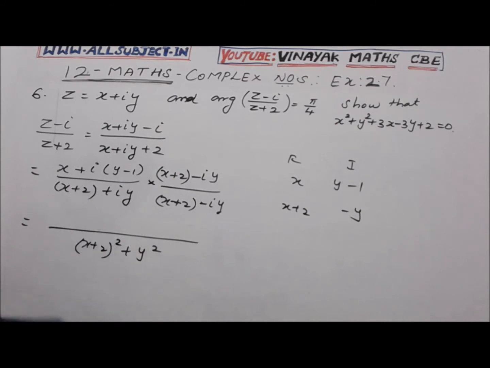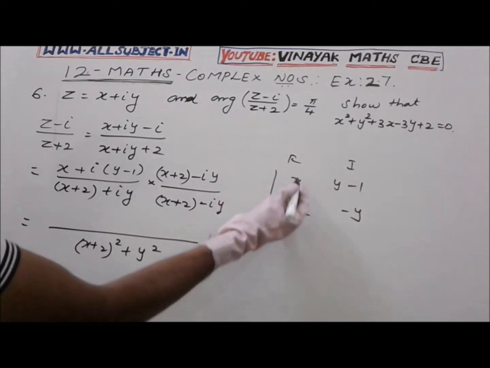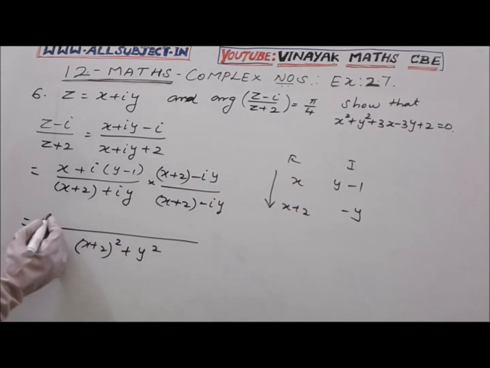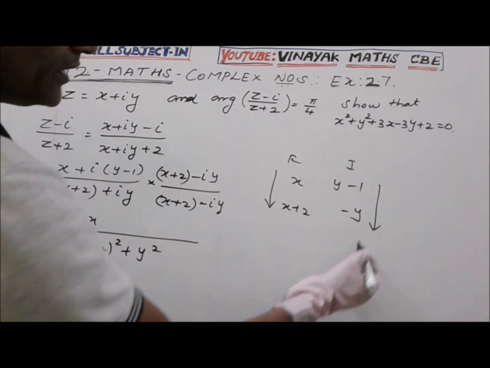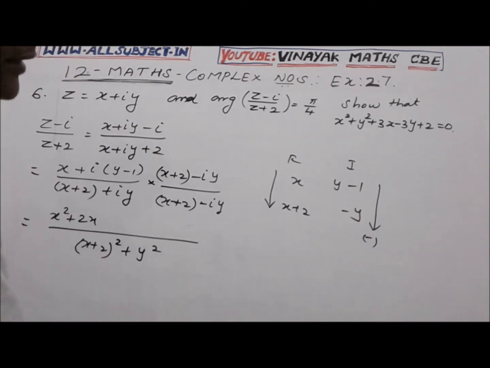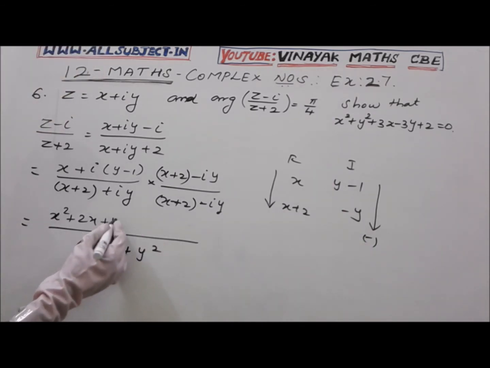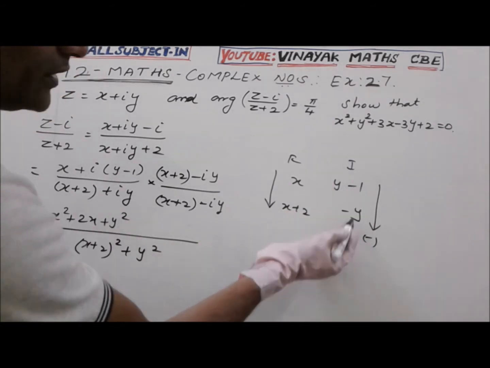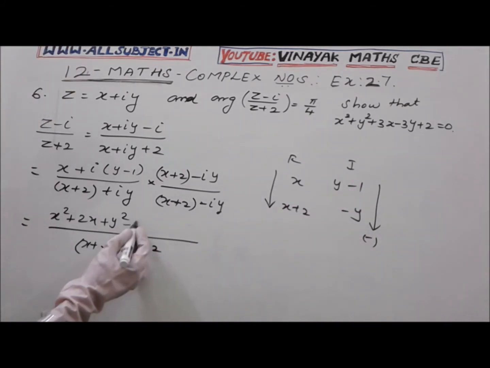Now multiplying the two complex numbers in the numerator, just multiply the real parts first, x into x plus 2, that is x square plus 2x, then multiplying the imaginary parts, changing the sign: minus y square, changing its sign, plus y square, and multiplying these two, plus y changing its sign, minus y.